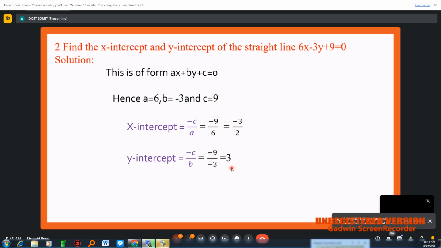Answer is 3. You should know the formula to find the x-intercept and y-intercept. So it is clear. Any doubt in this one?